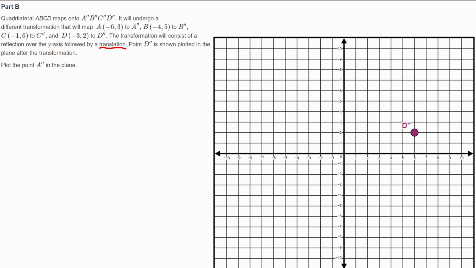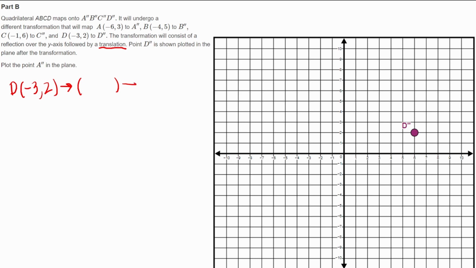So one way to think about this is let's first think about D. So let's recopy the coordinates for D. It says D is at -3, 2. And we know that something happens. We do the reflection, and it gives us new coordinates that aren't on there.